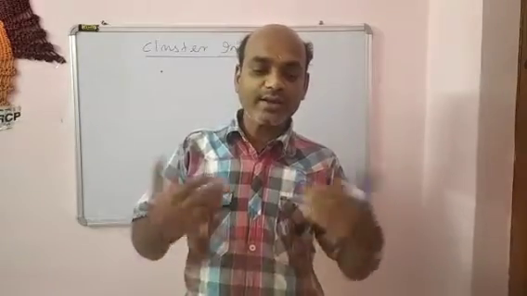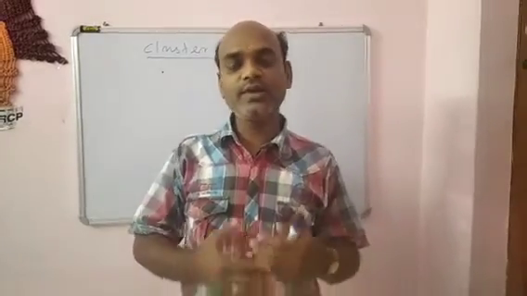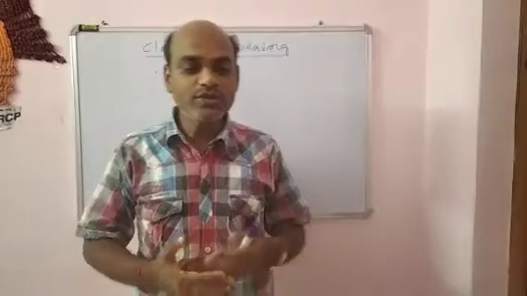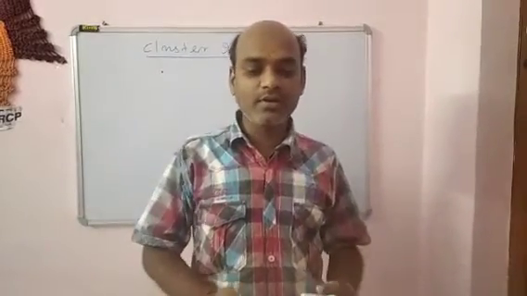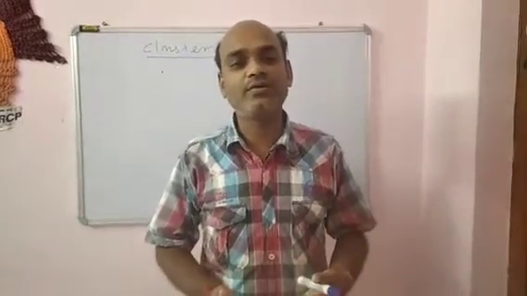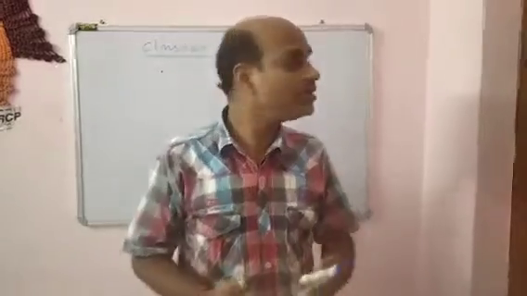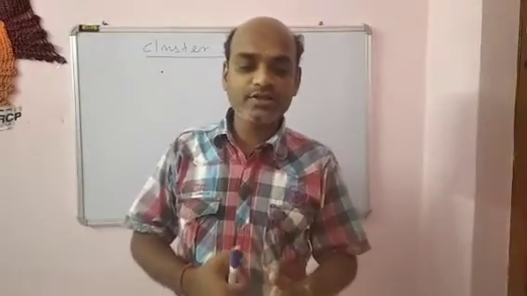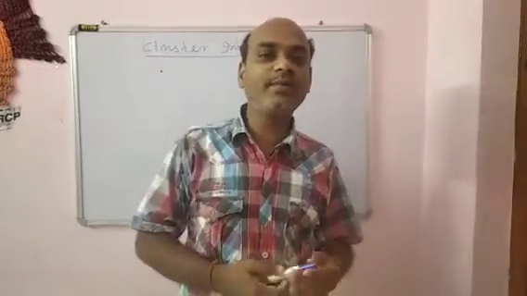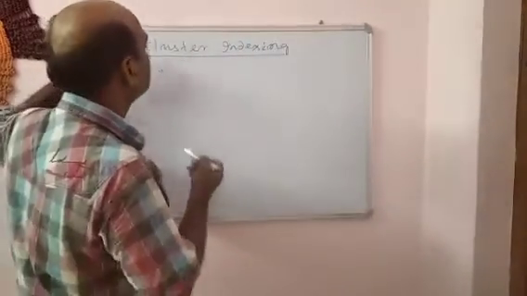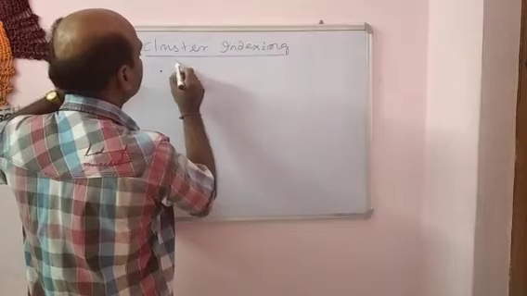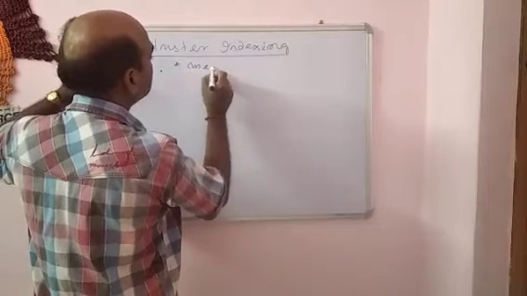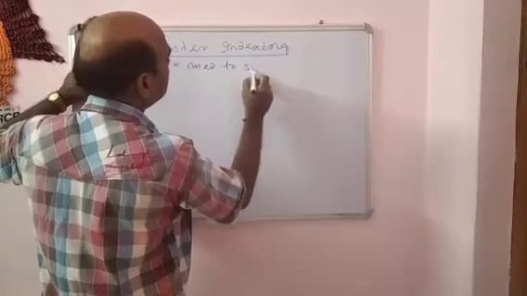So we can create a clustering index to speed up the retrieval of records from the data file. Why are we using cluster indexing? To speed up searching. Cluster indexing is used to speed up the retrieval operation.